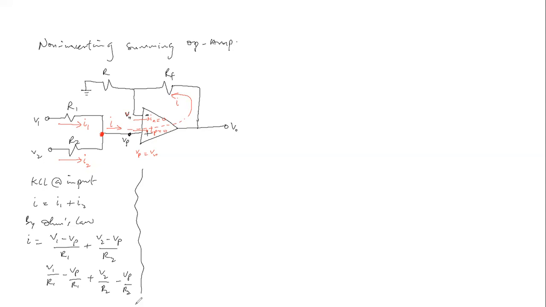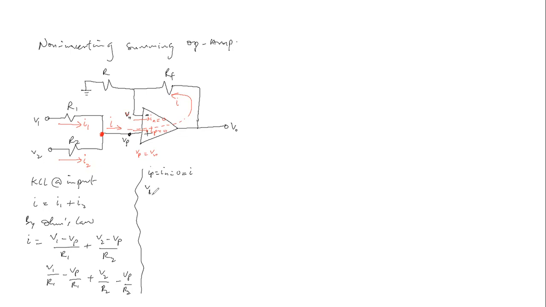But at this terminal, no current flows through. So I sub P is 0. So hence, we can conclude that I sub P is equal to I sub N is equal to 0. And now we know this I is the current flowing through the terminal, so this expression can be equated to 0.